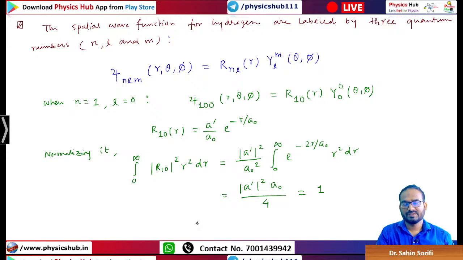Because it is normalization, the right hand side will obviously be 1. So from this we get the value of A prime to be square root of 4 by a naught, so 2 by square root of a naught.